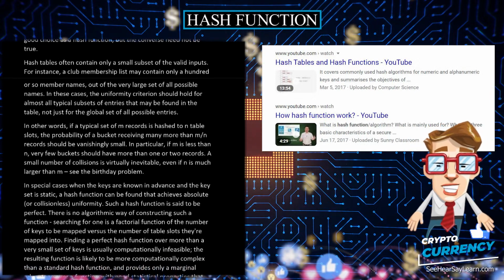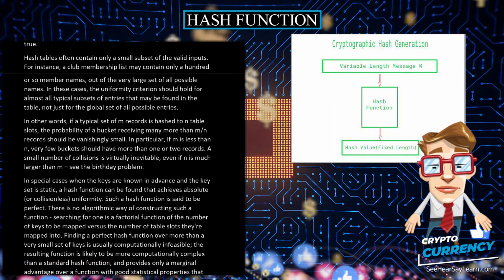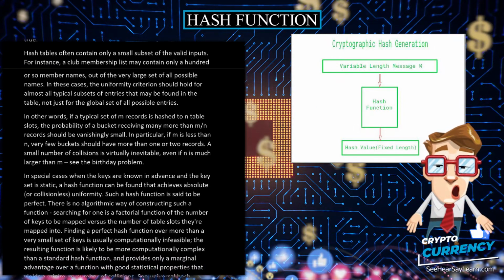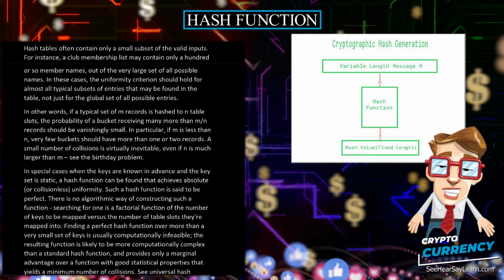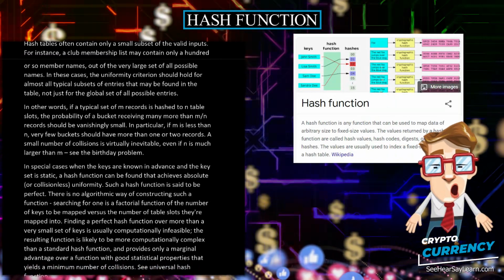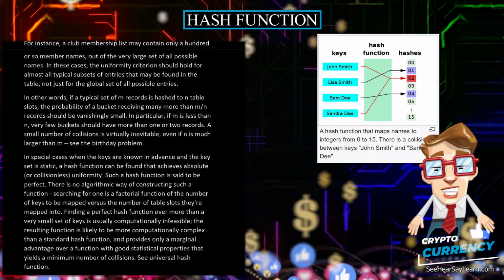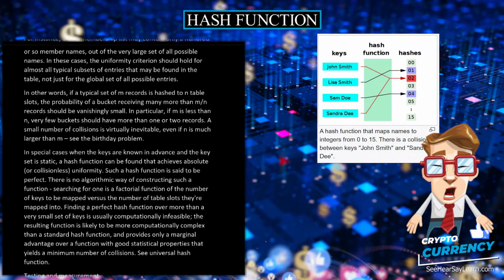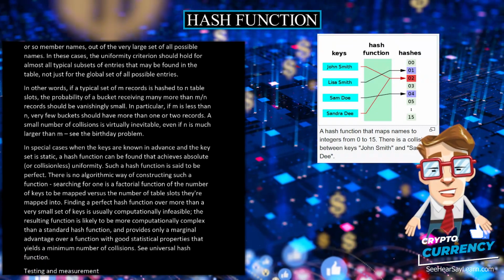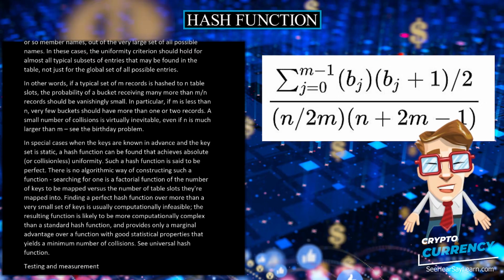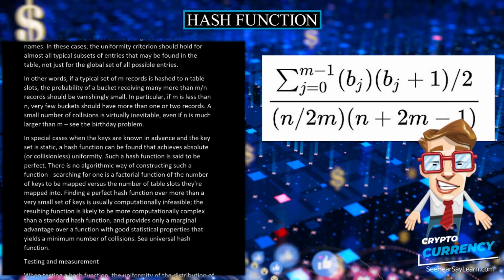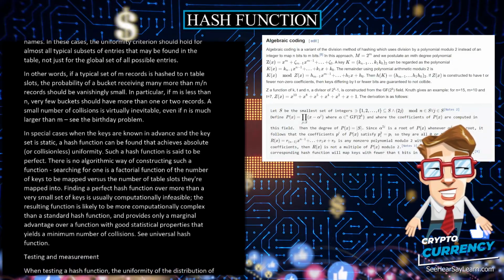In special cases when the keys are known in advance and the key set is static, a hash function can be found that achieves absolute, or collisionless, uniformity. Such a hash function is said to be perfect. There is no algorithmic way of constructing such a function. Searching for one is a factorial function of the number of keys to be mapped versus the number of table slots they're mapped into.